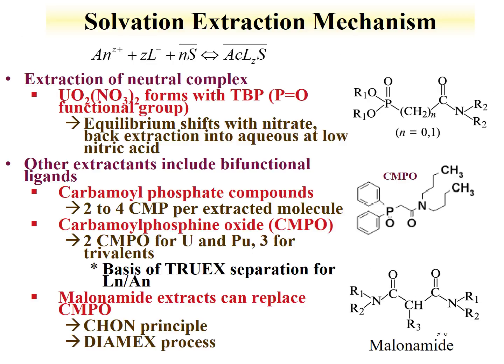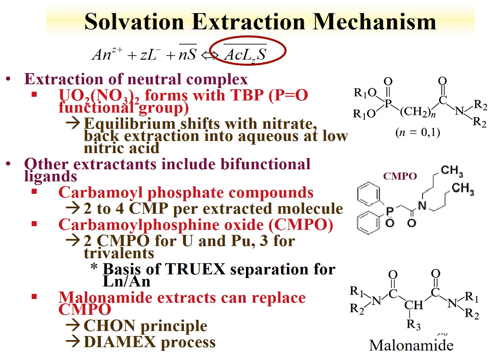A number of reaction mechanisms are involved in solvent extraction processes. The first one we'll discuss is the solvation extraction mechanism, where we have a charged actinide, a charged ligand with some solvent forming a neutral actinide species coordinated with the solvent.